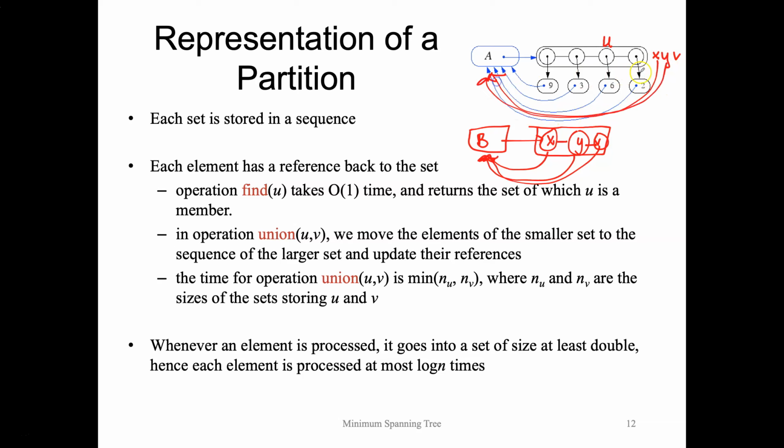Now why we take the smaller one is because this dictates how many changes we'll have to make to the larger set. So in this case, the cost of this merge operation was linear in size with respect to the smaller set. So note that whenever we merge two clouds together, the size of the resulting cloud is at least double the size of the smaller cloud.